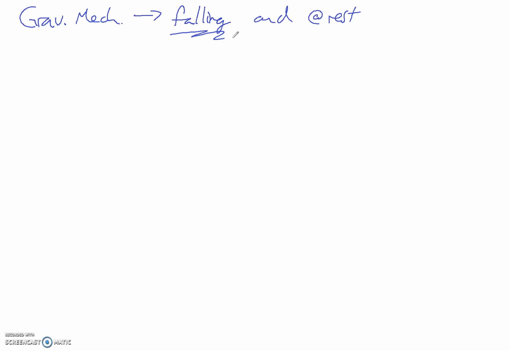Now, the falling part is actually really simple. It's technically nothing new from what you guys have been doing before. Basically, what we're going to do is just practice looking at things falling, and of course, when things fall, they accelerate, and you guys have done lots of acceleration stuff already. When things fall, they accelerate at, most people know, 9.81 meters per second squared, and that's the common acceleration used for gravity.